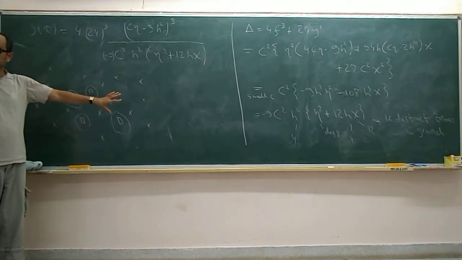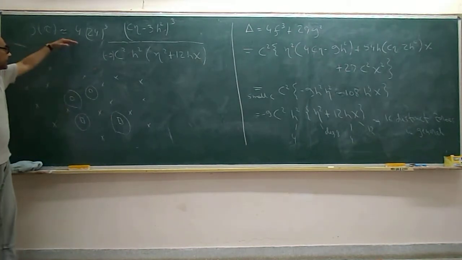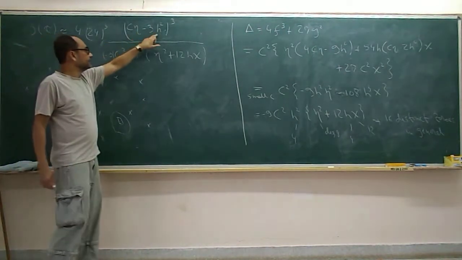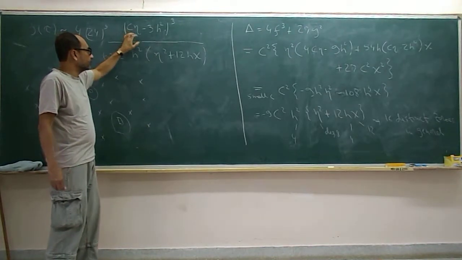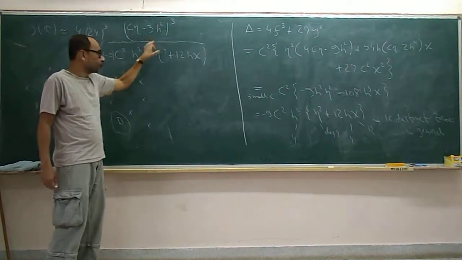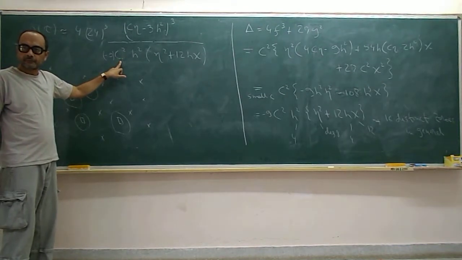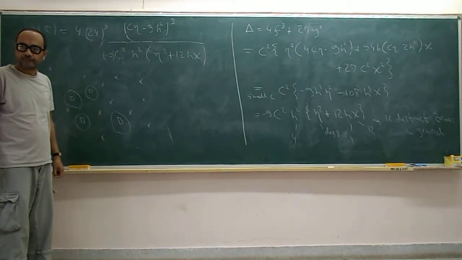Is this clear? Because once you are away from the zeros of h, c is not small, so the numerator is not becoming small, and there is a c squared sitting in the denominator. So we are in business.